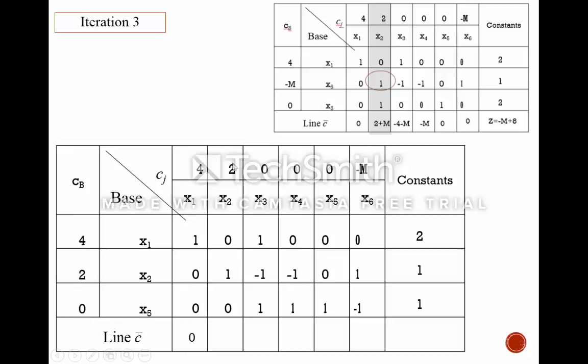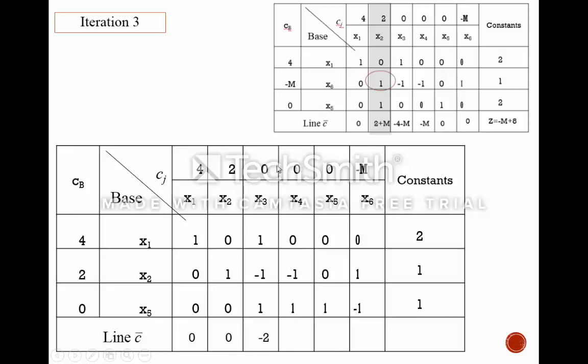And the second is 2 minus 4 times 0, minus 2 times 1, minus 0 times 0, and the result is 0. And the third is 0 minus 4 times 1, minus 2 times minus 1, minus 0 times 1, and we get the result minus 2.